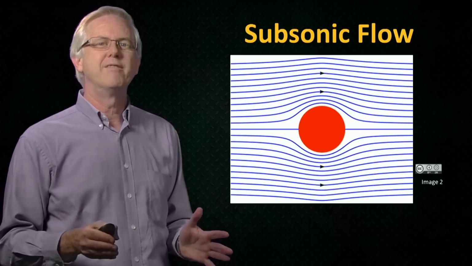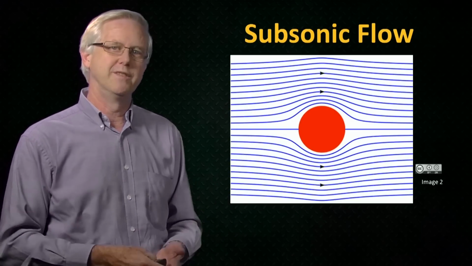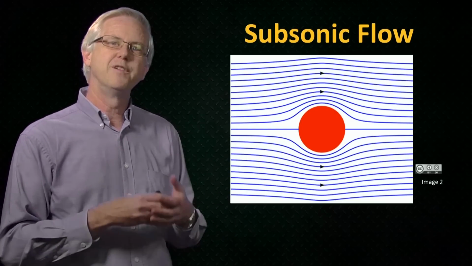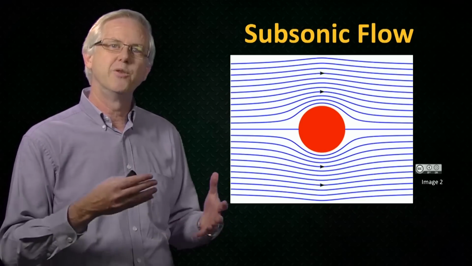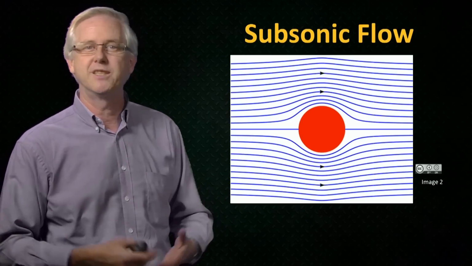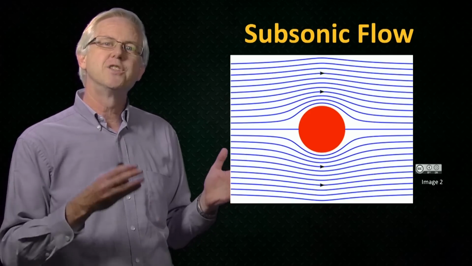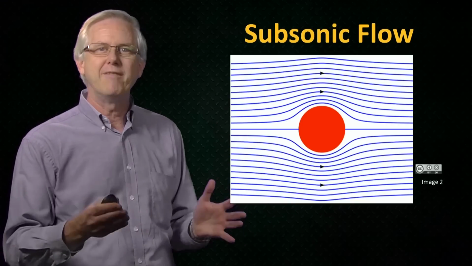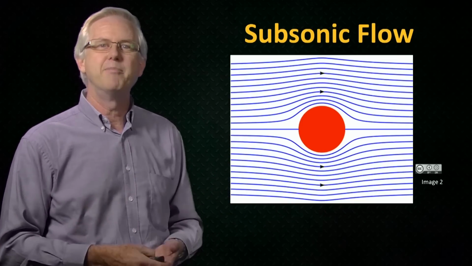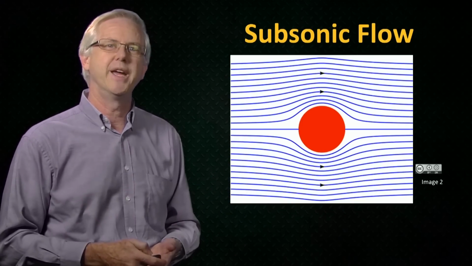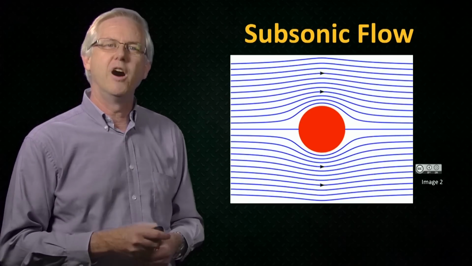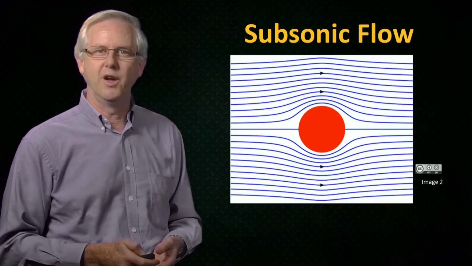When an object is travelling at a speed that is low relative to the speed of sound, the fluid ahead of the object can receive information that the object is approaching. This is an image that shows a low-speed flow travelling from left to right and passing around a cylinder shown in red. The blue lines indicate streamlines in the flow.